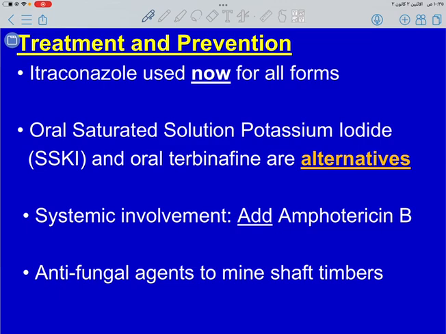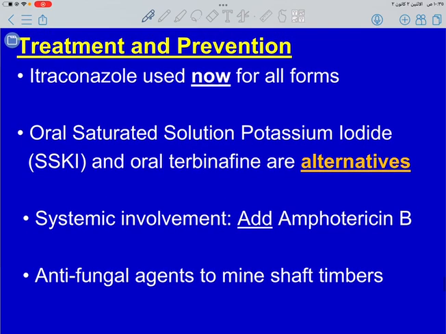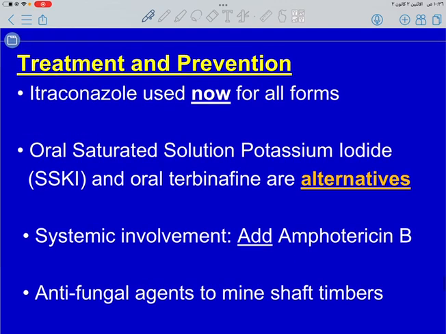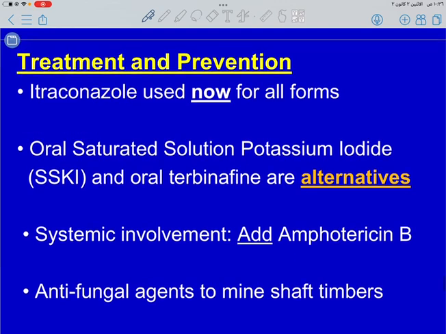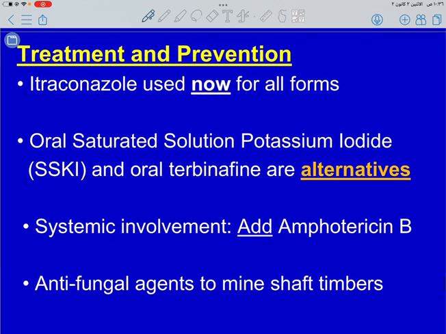Systemic, if there is systemic involvement, you can use amphotericin B, which has antifungal effect. You can prevent it in the mines، في مناجم الفحم الحجري، by spraying the woods of the caves of mines with antifungal material. تعرفون مناجم الفحم الحجري عميقة وفيها أخشاب تسند كهوف الفحم الحجري فترش بمادة انتيفنجل.